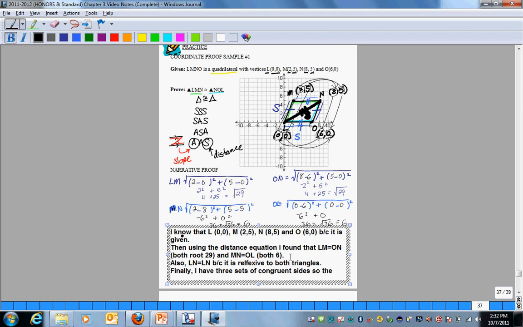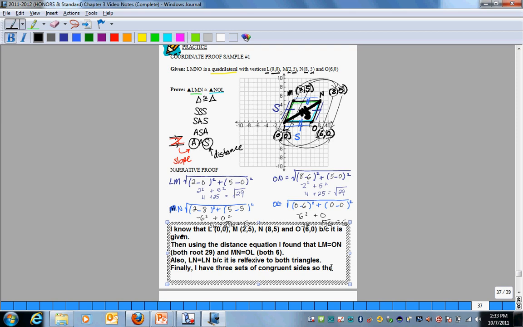So the triangles are congruent by the side shortcut. That is an example of a narrative proof.